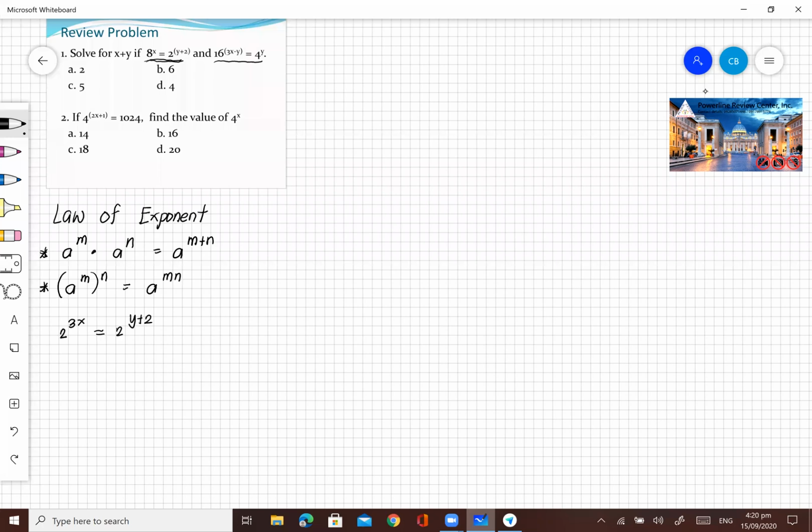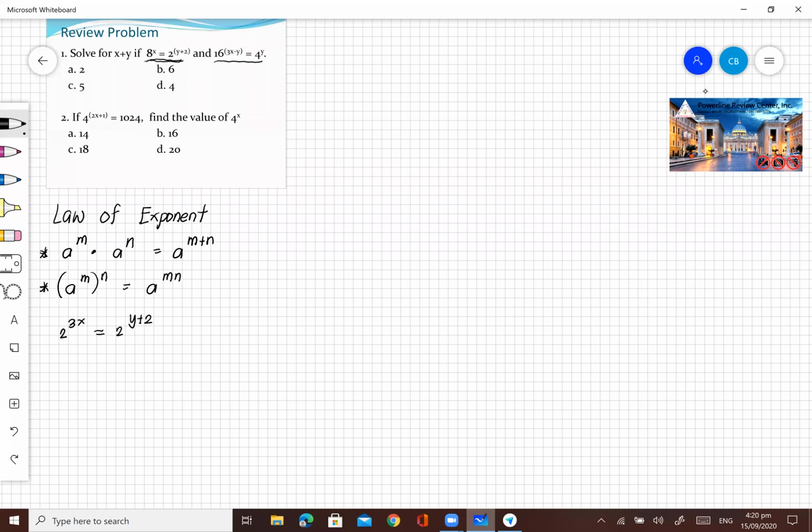At this case, nakita na natin, we have noticed that bases are now equal. So we conclude for these two given equations to be equal, exponent should be the same also. Bases are equal, exponent should be equal.